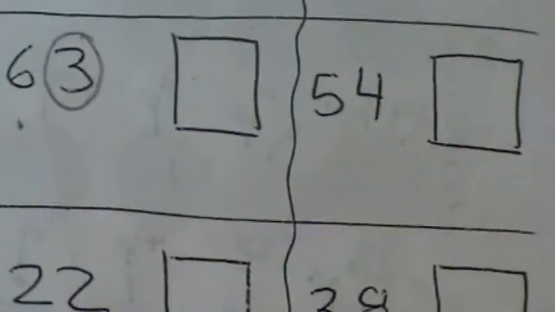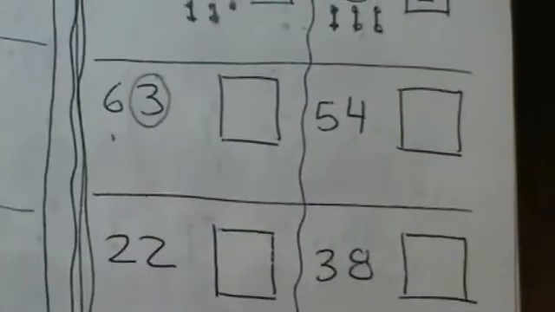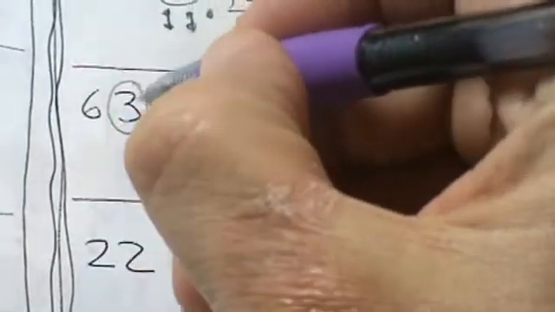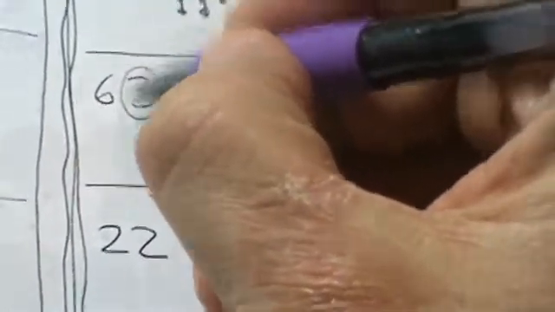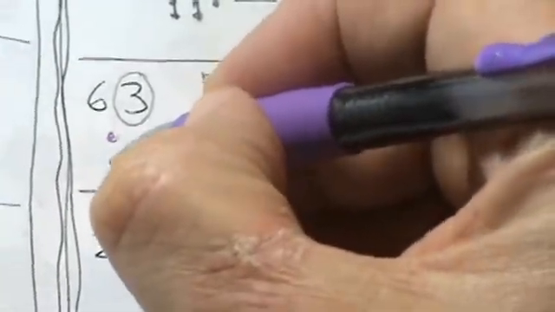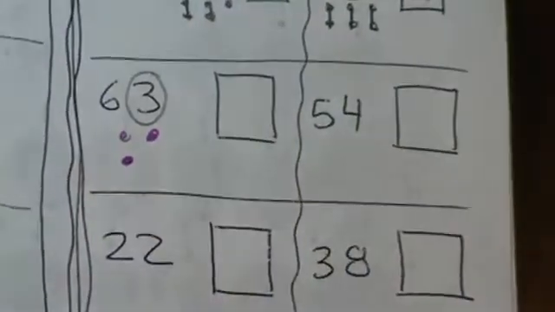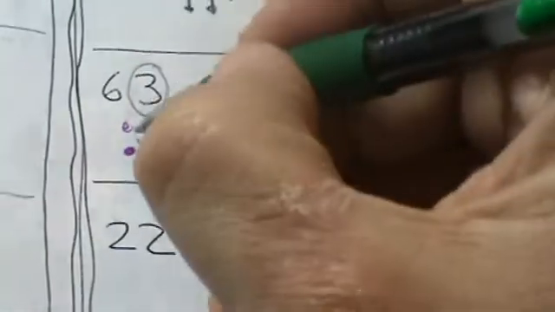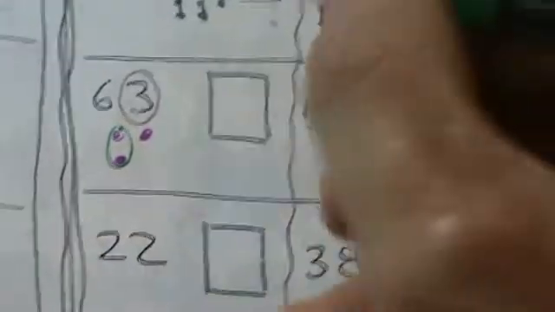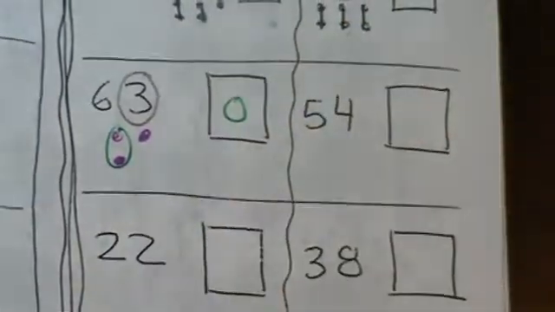I have to circle the 3 and then draw 3 circles. 1, 2, 3. Now make the pairs. Pair, and I have 1 left. So this is odd because I have 1 left.